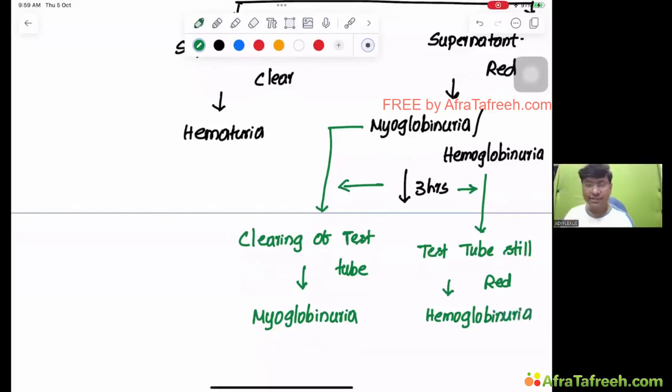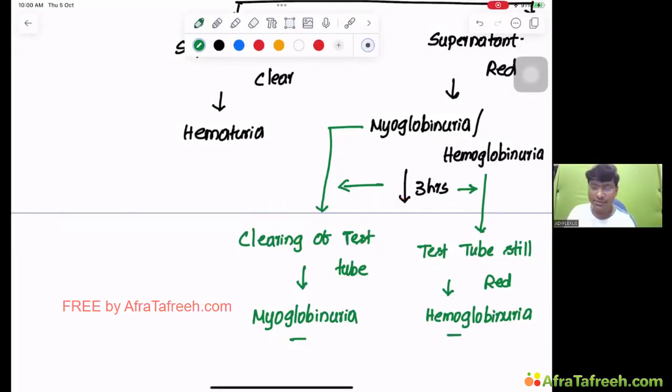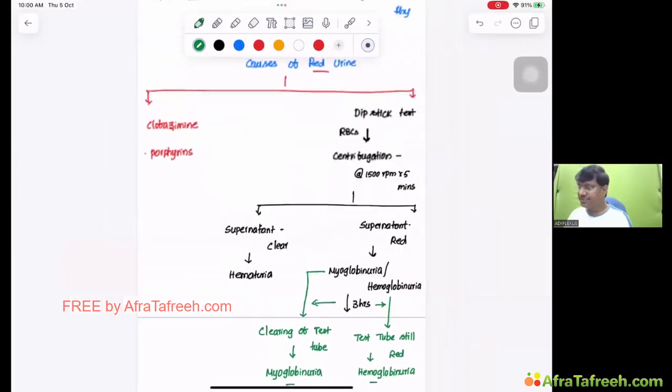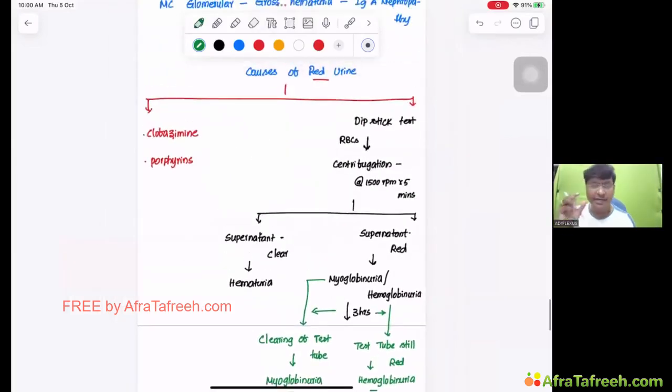So if the test tube is completely cleared within 3 hours of making the sample stand still, it is myoglobinuria. But if it is still red, then you should consider it as hemoglobinuria. So that is a workup if you are getting a red urine sample.